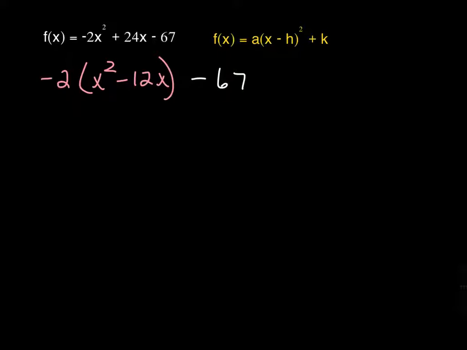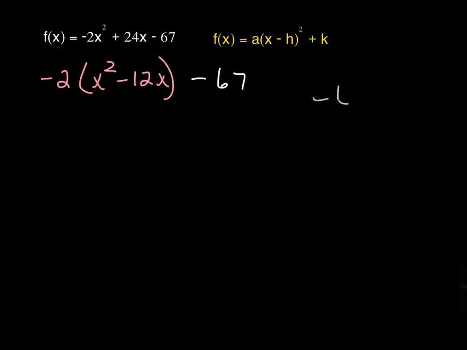Okay, so now in order to get a perfect square here, we need to add another term. We need an extra value in here. And right now we can tell what that value is, because remember, if we take the b value, negative 12, and divide it by 2, we'll get a negative 6.